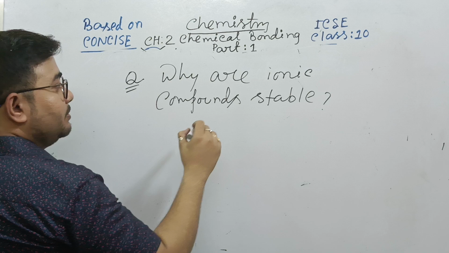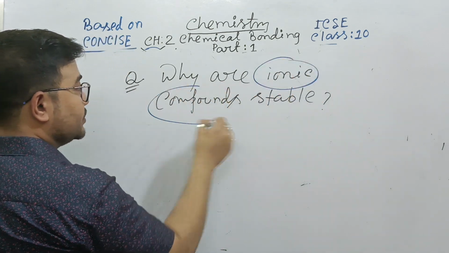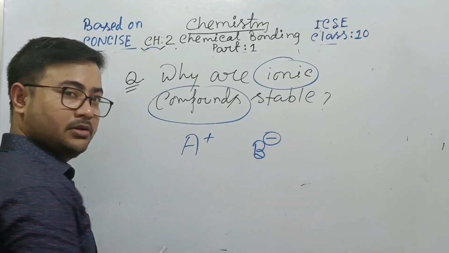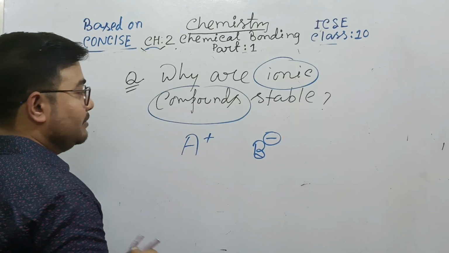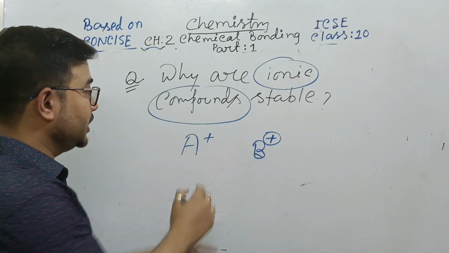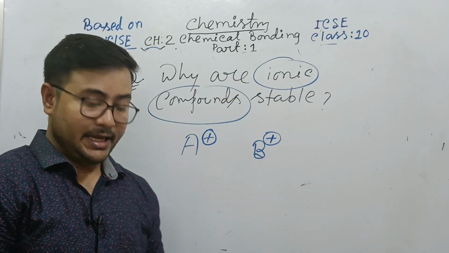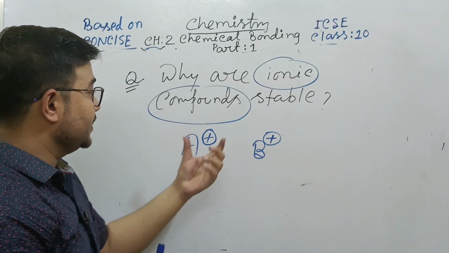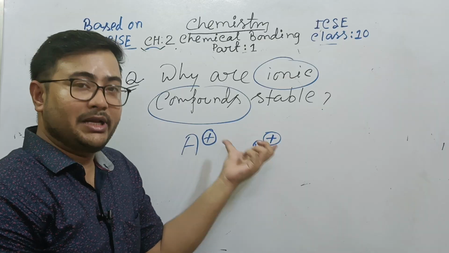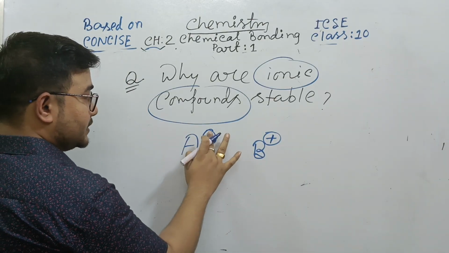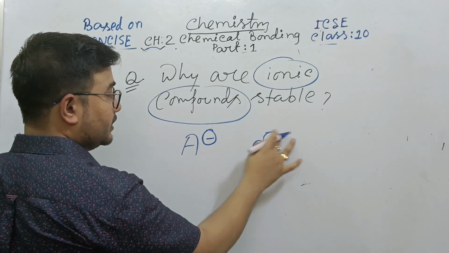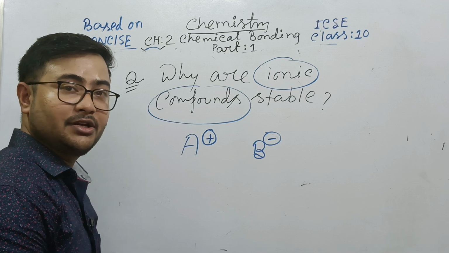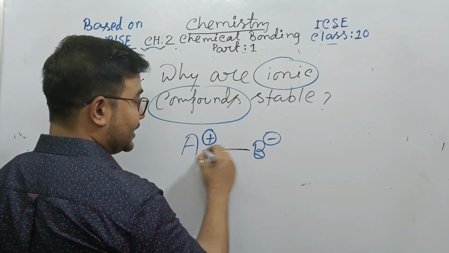Okay, now tell me, what does ionic compound mean? One cation and one anion form a bond. Now tell me, if both are positive, then what will happen? Do they attract each other or repel each other? Obviously all of you know, same charge, then there will be repulsion. If both are negative, then what will happen? This is also repulsion. But if one is positive and another is negative, then there is strong attraction.